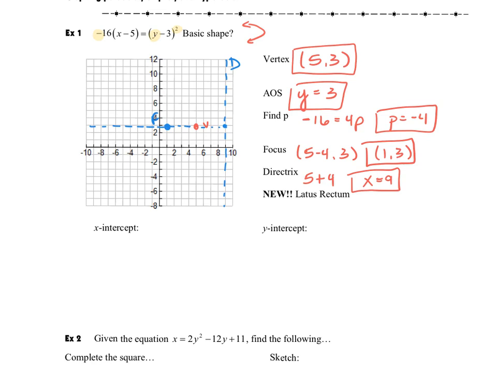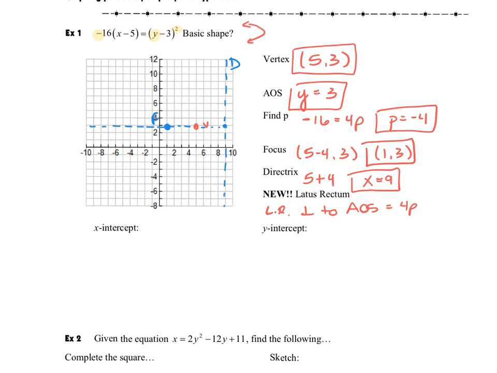Now, we talked in class about the latus rectum. We typically will just refer to this as the LR, just to shorten that, just like we do axis of symmetry as AOS. The latus rectum will be perpendicular to the axis of symmetry, and the length of that segment will be equal to 4p. So our coefficient, that 4p, is 16.